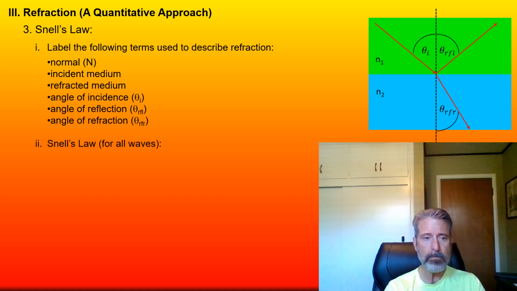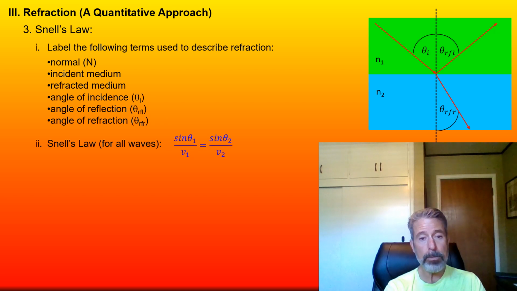So Snell's law doesn't just apply to electromagnetic waves, it applies to all waves. And remember, we said that the bending of a wave as it enters a new medium is due to the fact that the wave changes speed upon entering that new medium.